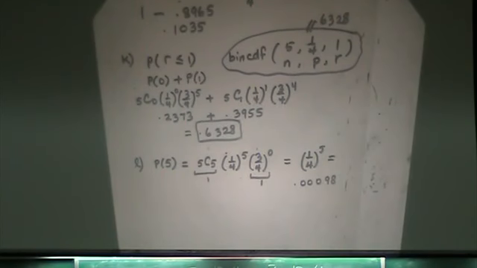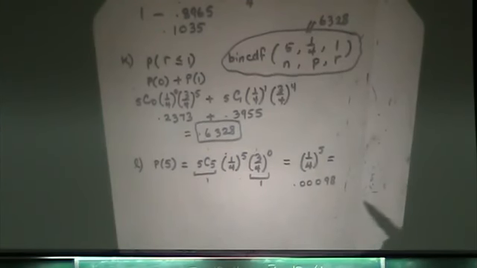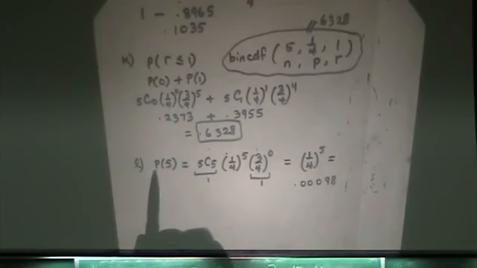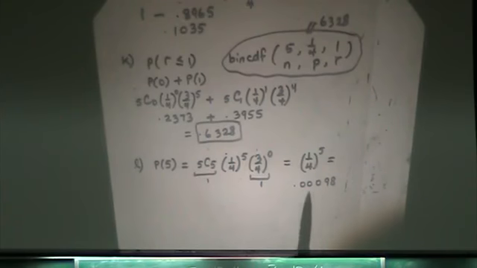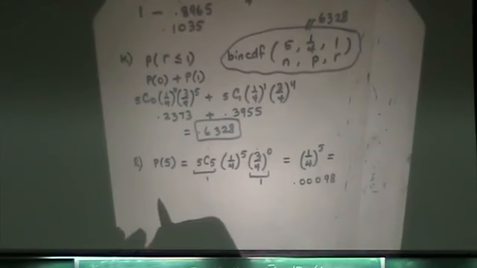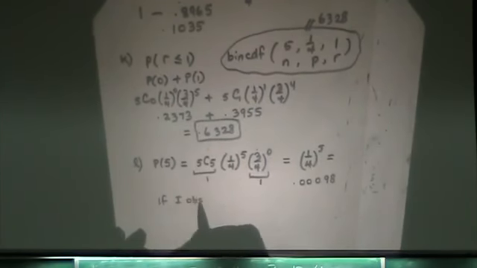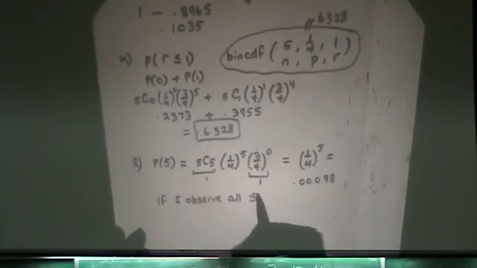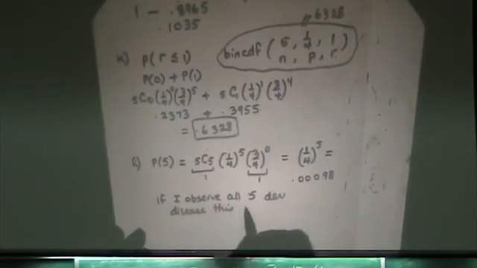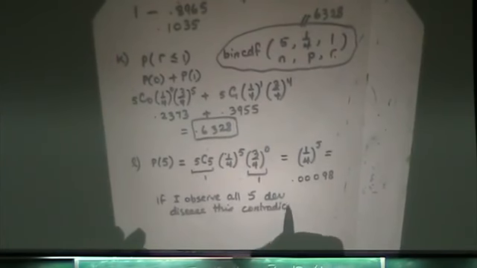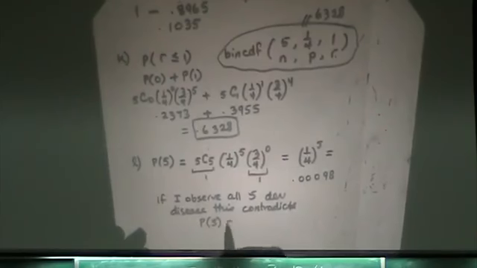0.00098. It's minuscule, right? It's practically 0, this probability. So according to this binomial model, the probability of 5 successes is supposed to be very small. So if I observe all 5 developing the disease, this contradicts probability of 5 equals 0.00098.